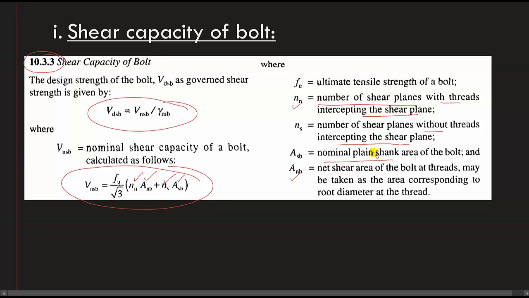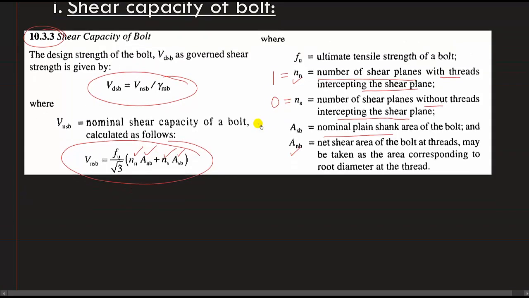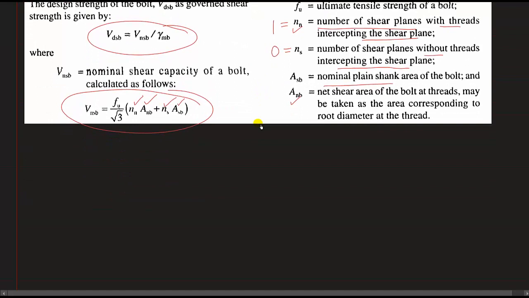So again we will assume that the thread is intercepting the shear plane. So in that case Nn will be 1 and there is only one plane, so there is no plane that is not intercepting the thread. In that case Ns will be 0.